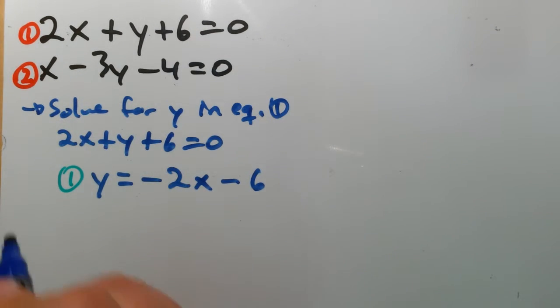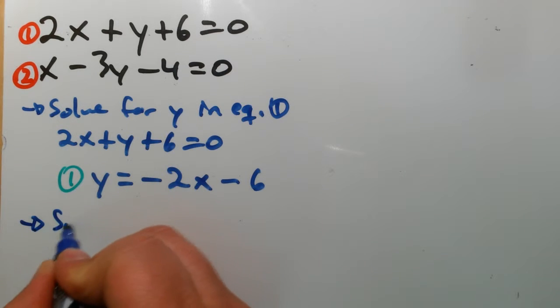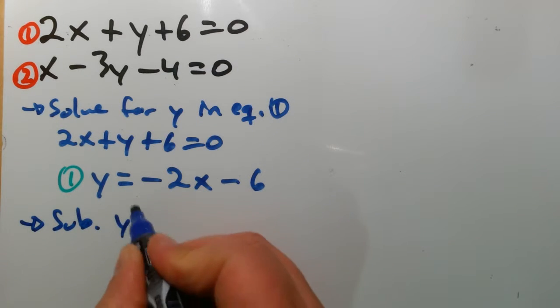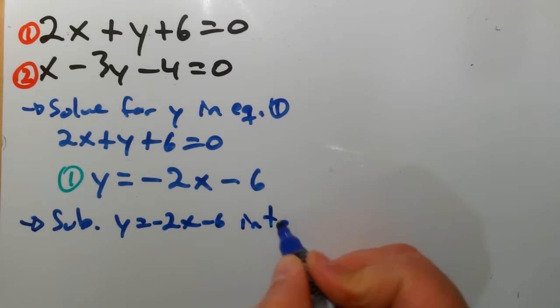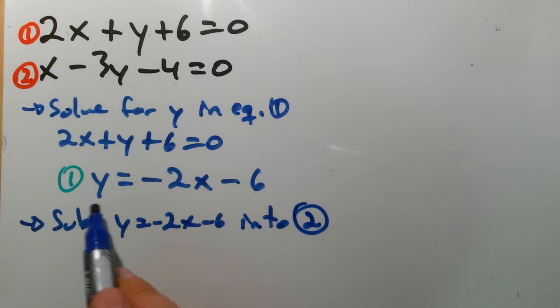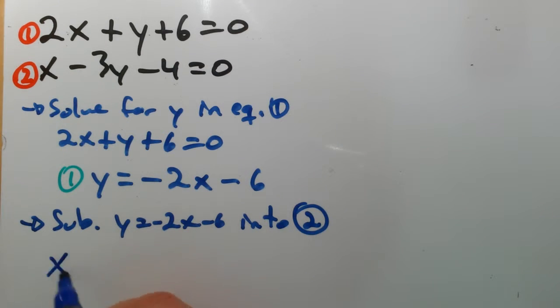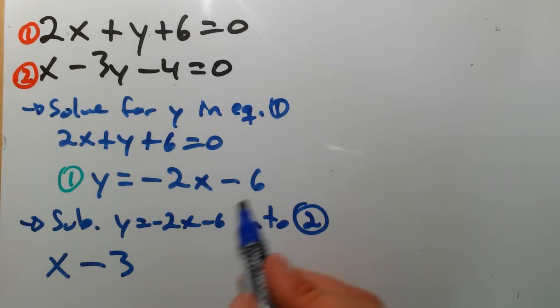So we can say, substitute y equals negative 2x minus 6 into equation 2. So let's do that right now. Equation 2 is x minus 3, and now we know that y is equal to negative 2x minus 6.